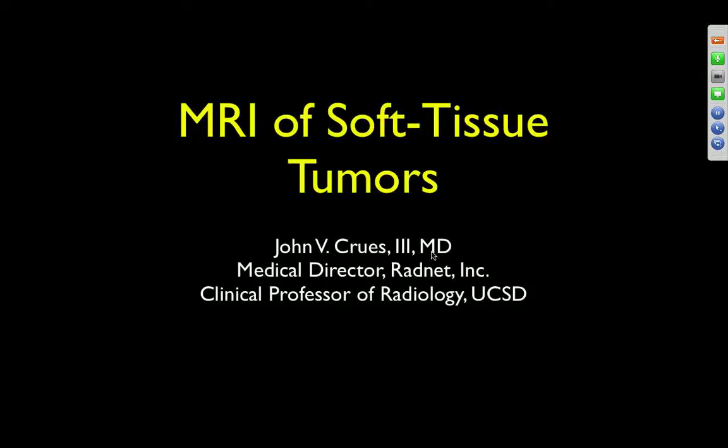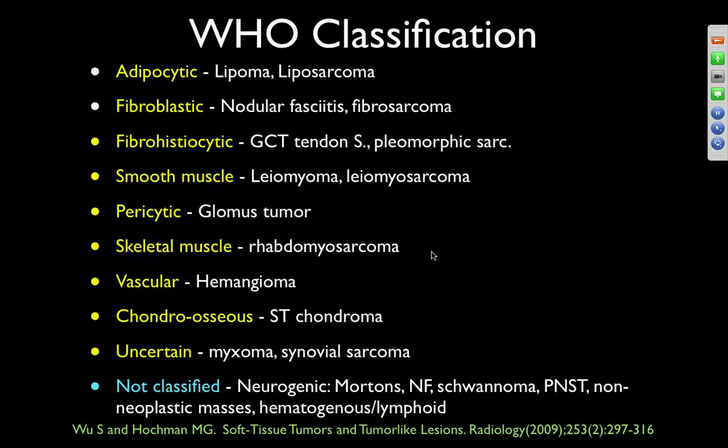Okay, so talk about soft tissue tumors. Now, the WHO classification for soft tissue tumors includes lipid tumors, fibroblastic, fibrohistiocytic. Under the lipid tumors are lipoma and liposarcomas, fibroblastic, nodular fasciitis, and fibrosarcomas.